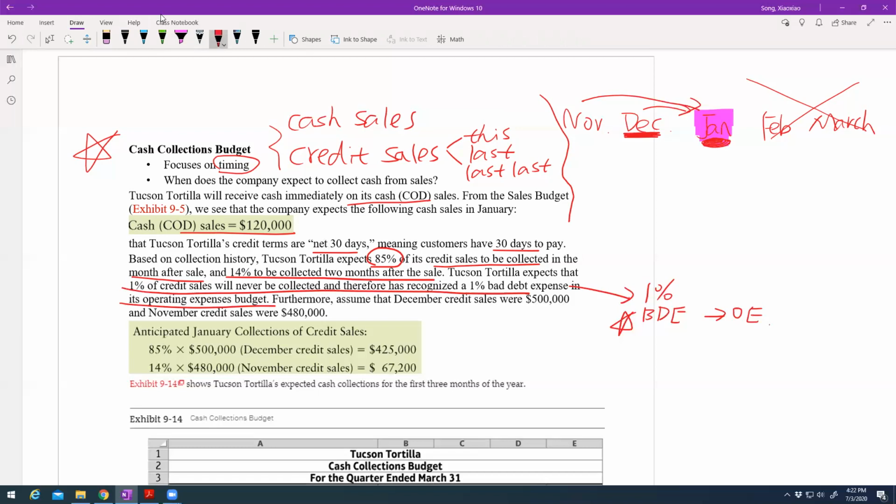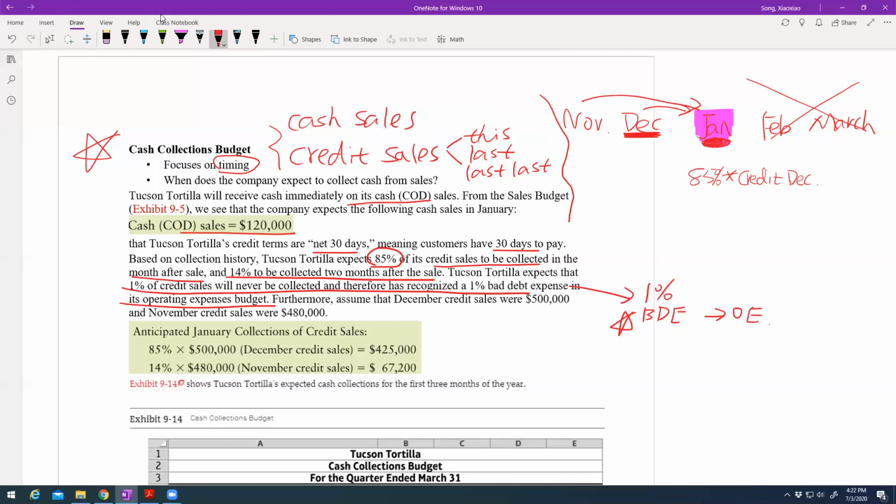We said for December sales, 85% will be collected in the month after the sales. 1 month after December will be January. So our January will have 85% of the credit sales in December.